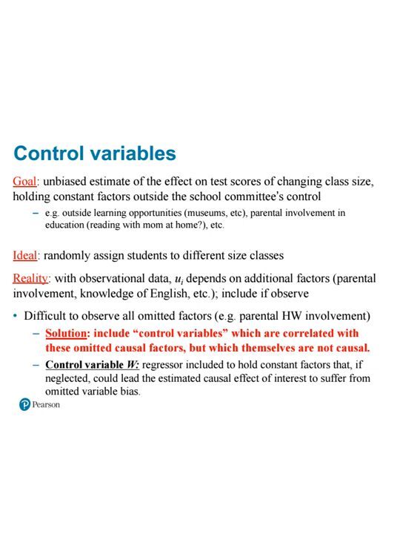So let's say, for example, bringing it back to class size and average test scores, let's say our objective is to have an estimate on the effect of test scores from changing class size, holding everything else constant. Right? What else is outside of the school's control? What happens at home that I cannot technically observe or measure?